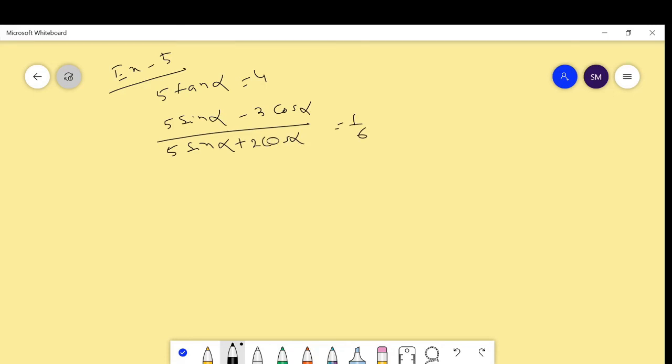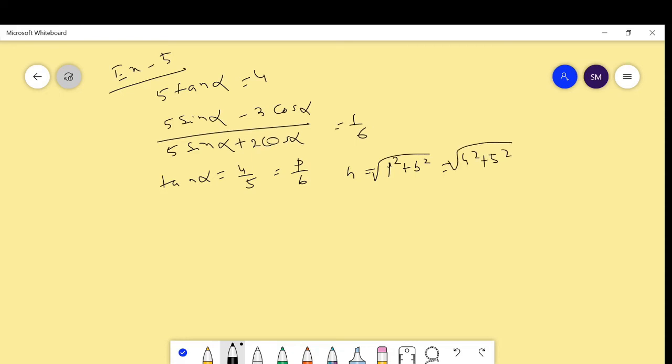In the same way, tan alpha is equal to 4 upon 5. Tan alpha is P by B. Then by using Pythagoras theorem, H is equal to the square root of P square plus B square. This is the square root of 4 square plus 5 square.